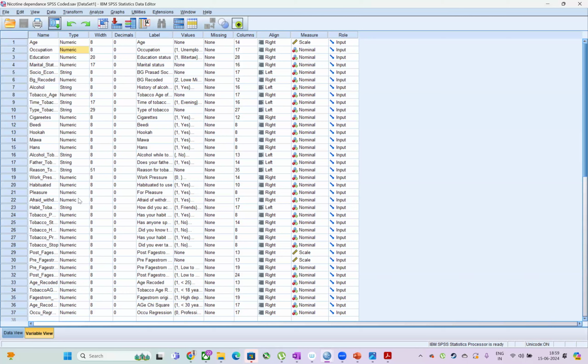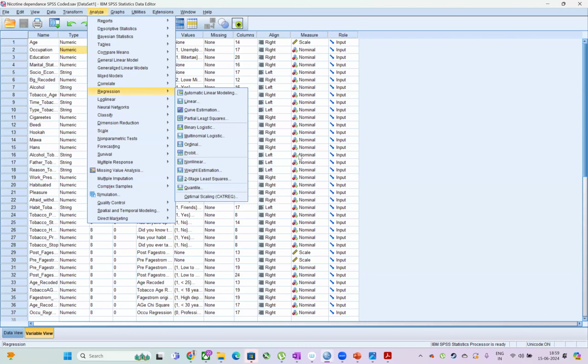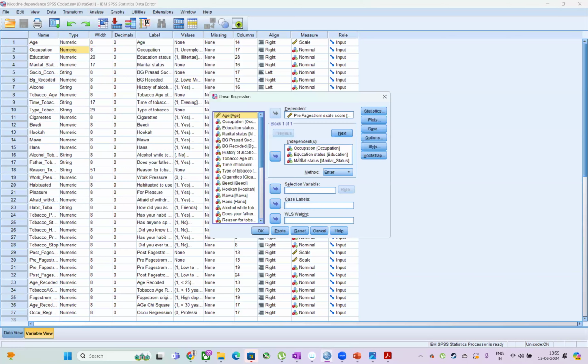Univariate regression, follow me closely. Univariate regression and multiple regression. Some journals I have come across use the term univariate regression. Univariate regression is nothing but removing education and marital status and seeing the association between one dependent variable and one independent variable.